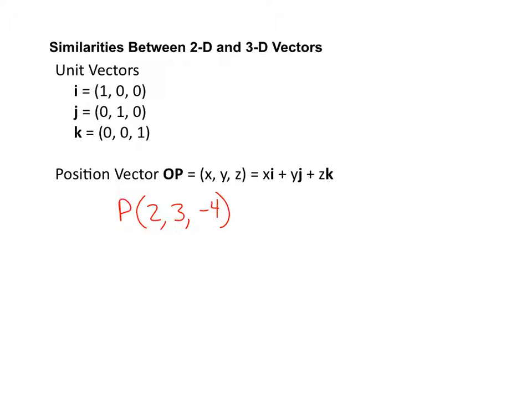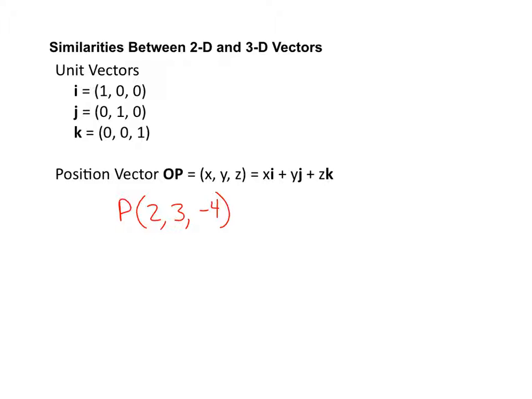So let's look at some similarities. I put similarities between 2-dimensional and 3-dimensional vectors because all of the math is virtually identical here. Okay? So we have these unit vectors, the i and j we had before. i was the vector 1, 0, and j was the vector 0, 1.